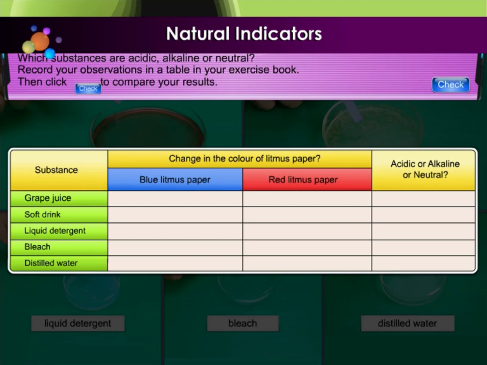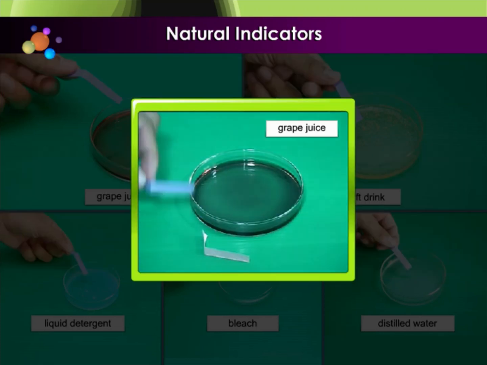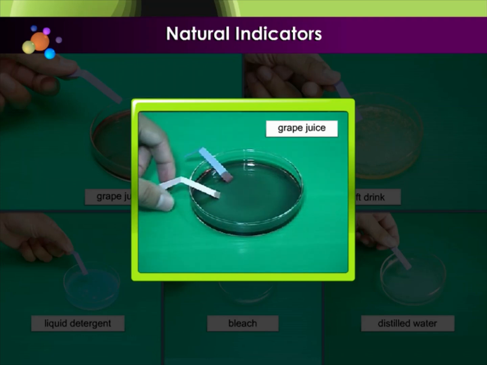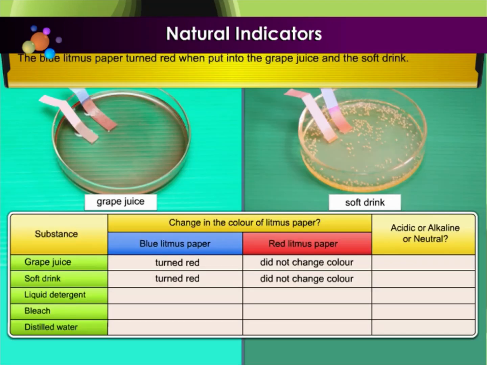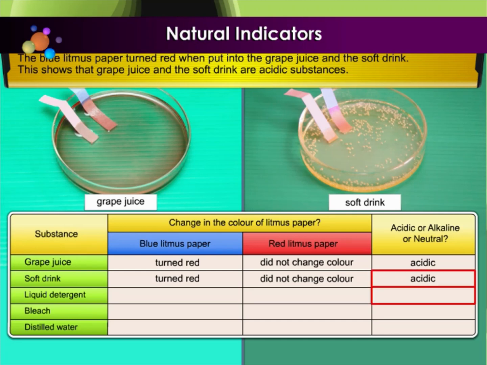Then click Check to compare your results. The blue litmus paper turned red when put into the grape juice and the soft drink. This shows that grape juice and the soft drink are acidic substances.